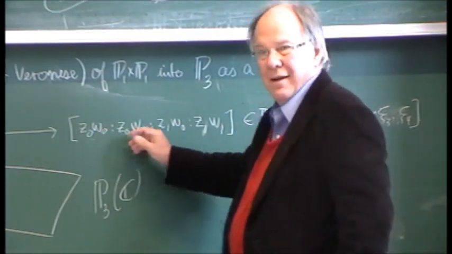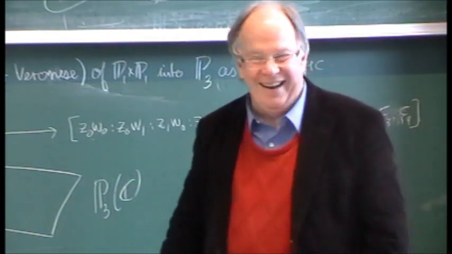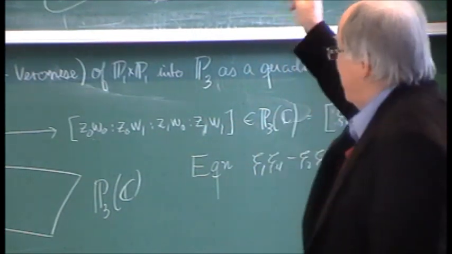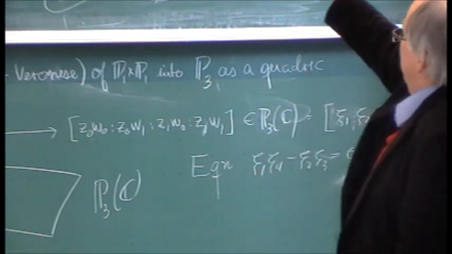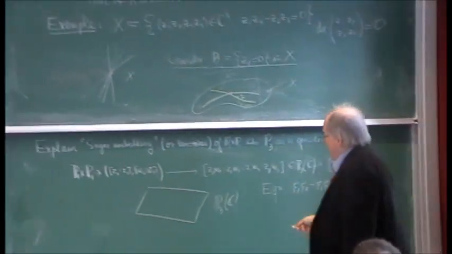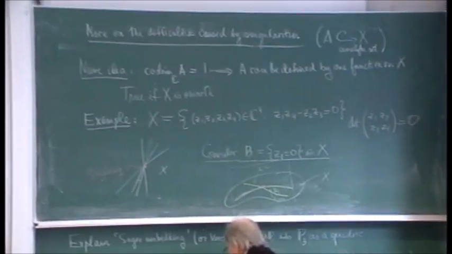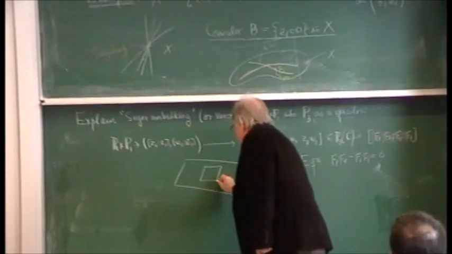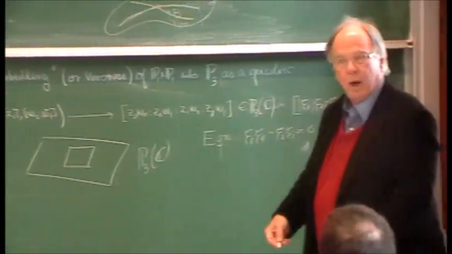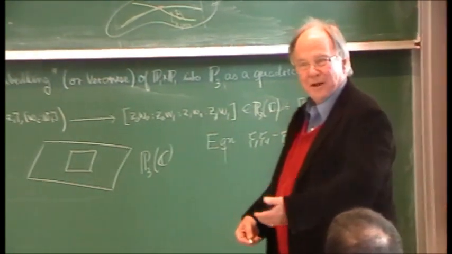Yes, it is. That's my original equation, but my original equation is affine. This is P1 cross P1, which is justifiably written as a square, the product of two lines.